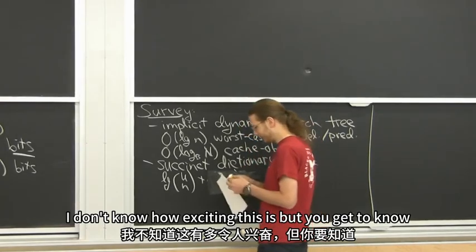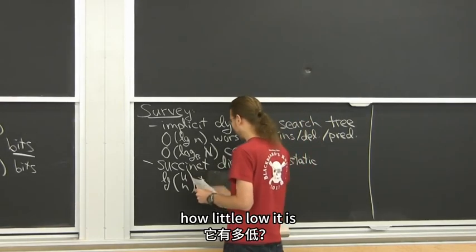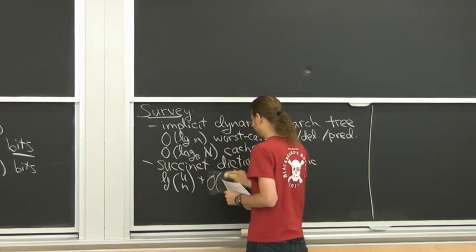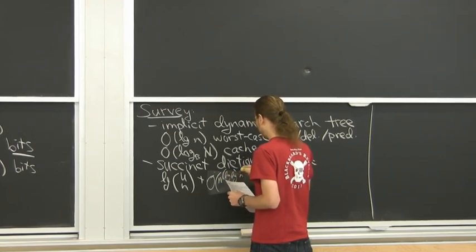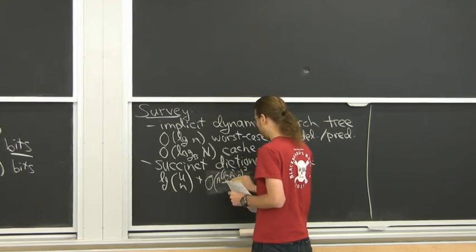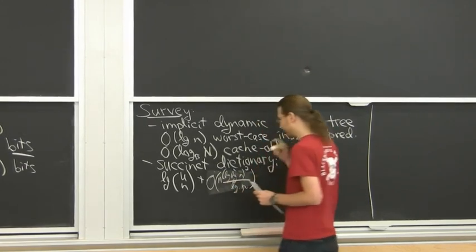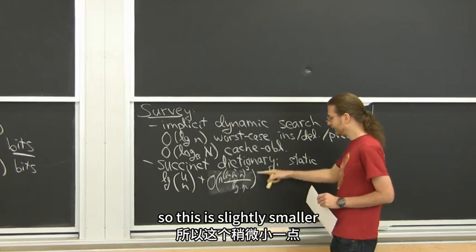I don't know how exciting this is, but you get to know how little o it is: n log log n squared over log n.